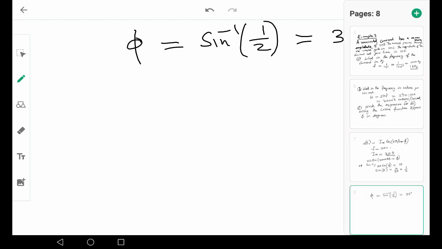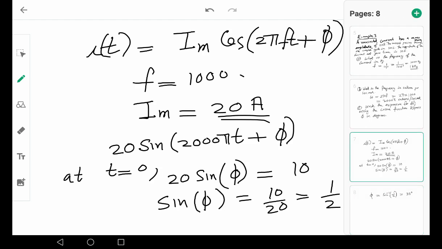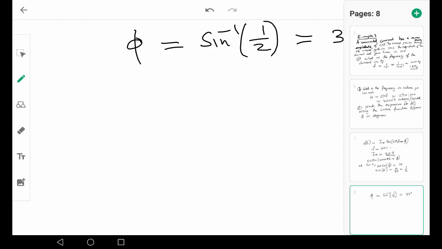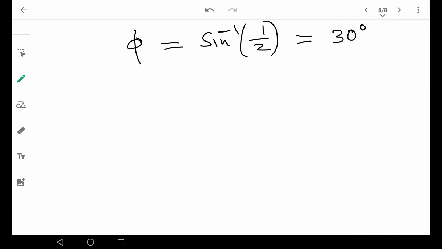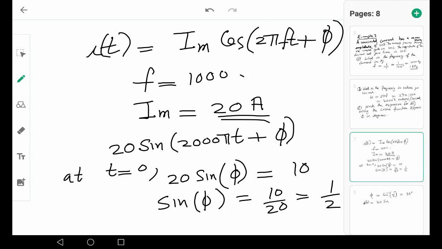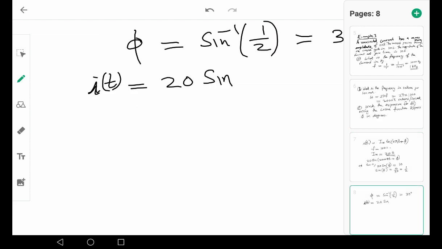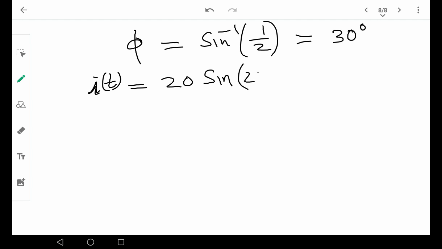So now you can write the signal i(t) equal to Im, which is 20, sine 2000 pi t plus 30 degree.